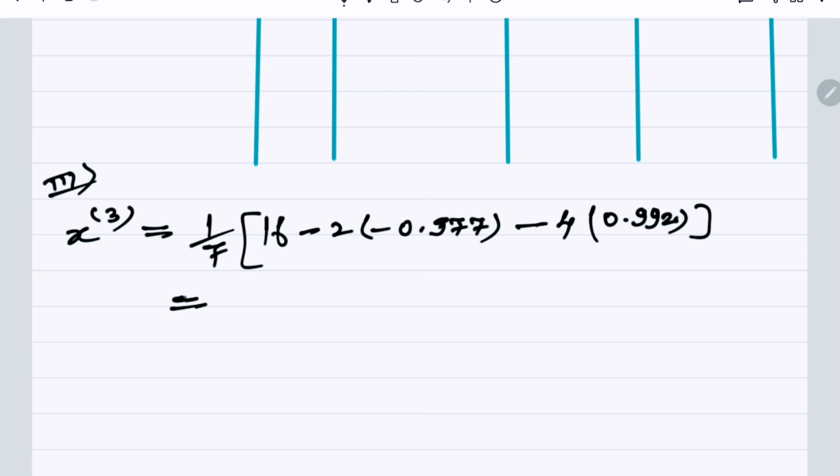Cross check all the calculations by yourself also, though I have performed them here with the help of a calculator. Confirm it.